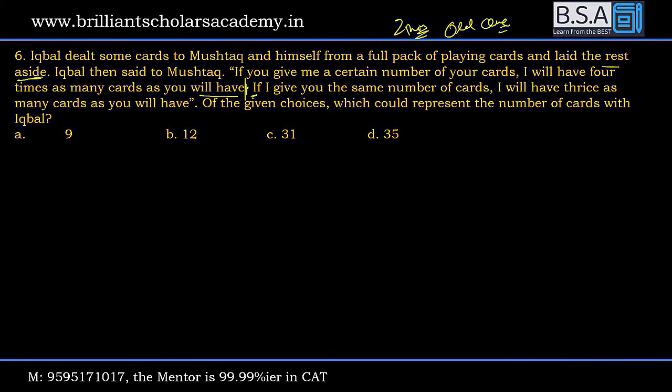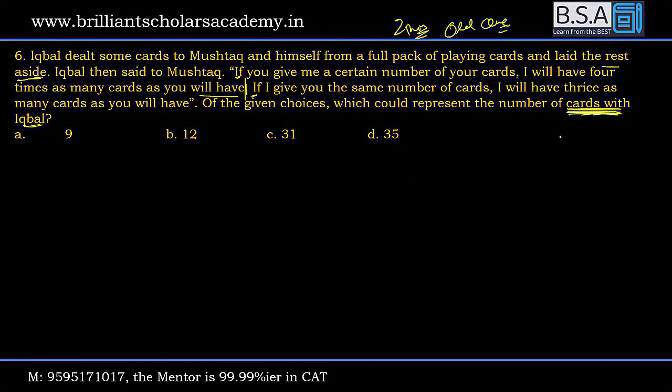When you say if, it means a new condition. If I give you the same number of cards, I will have thrice as many cards as you will have. Of the given choices, which could represent the number of cards with Iqbal?